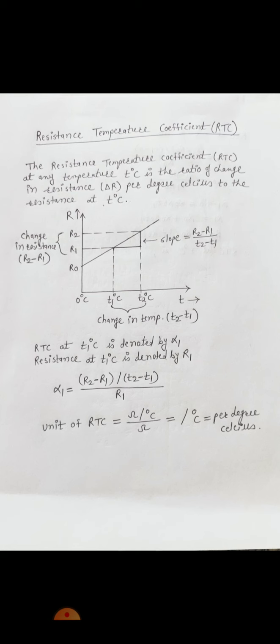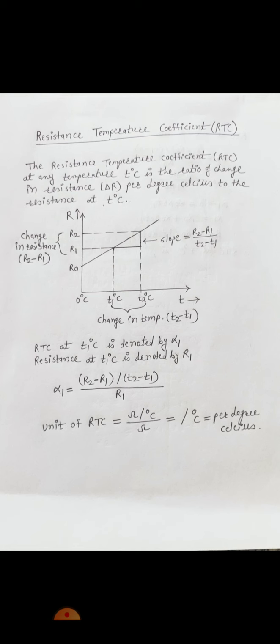So the resistance at T1 degree Celsius is denoted by R1. So we can denote it as alpha 1 equals R2 minus R1 upon T2 minus T1, upon R1. Or it is also defined as R2 minus R1 upon T2 minus T1, which is the slope of the graph.